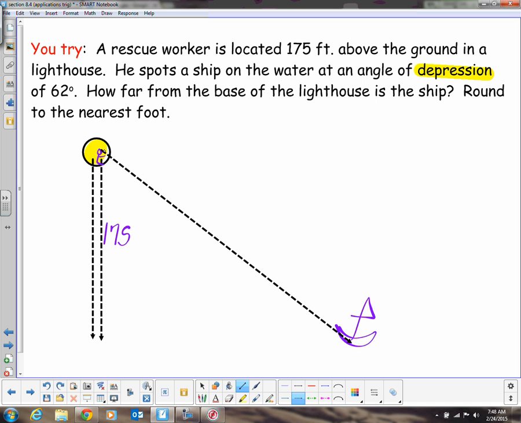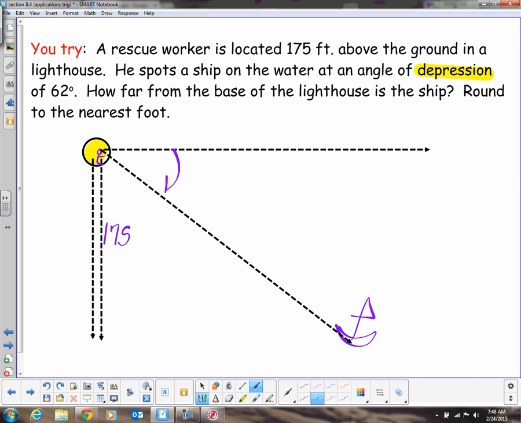So we have to look at the horizontal, and the angle of depression they're talking about is right there, which is 62. All right, here's the water. So if that's 62, what other angle is 62? The one by the ship, because they are alternate interior.